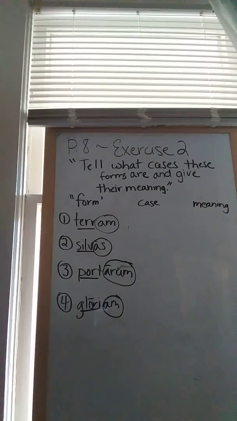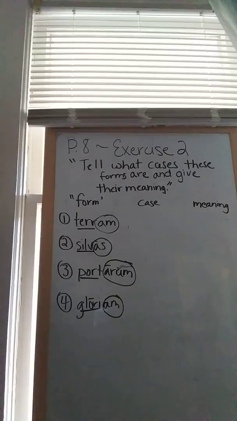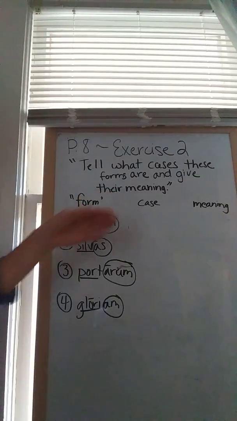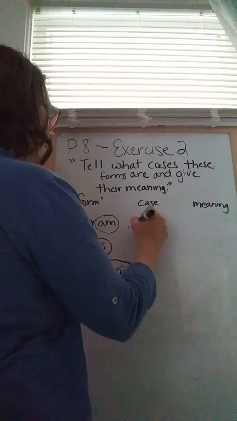So I've opened up my book to page 5, the blue Henley Latin book. And so we're going to look at these words and at the declension and see what case teram is. So if you look at accusative in the singular, we will see that teram is accusative. So the case for teram is accusative.